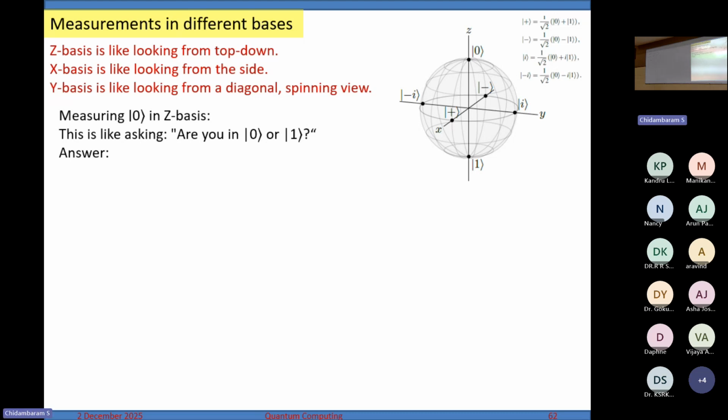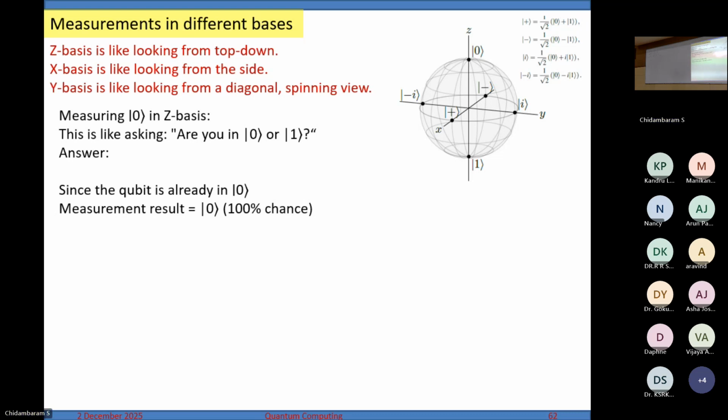So what was started? Ket 0. What would be the answer? The answer is the qubit is already in the state 0. Is it in the superposition state? It is simple qubit 0. So when you measure it, what you will get? 100% result, which is 0.